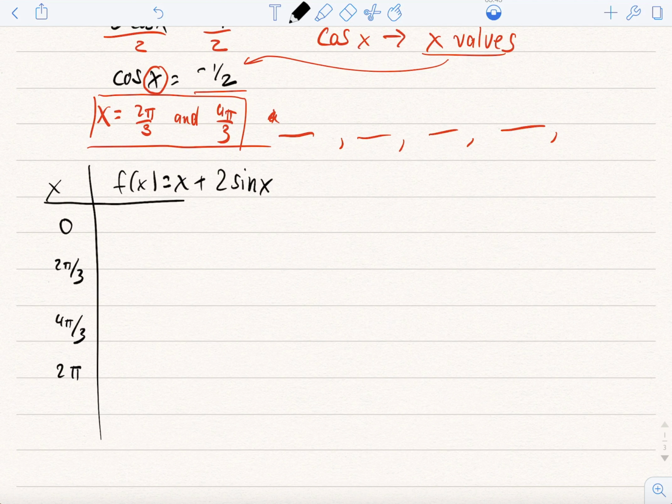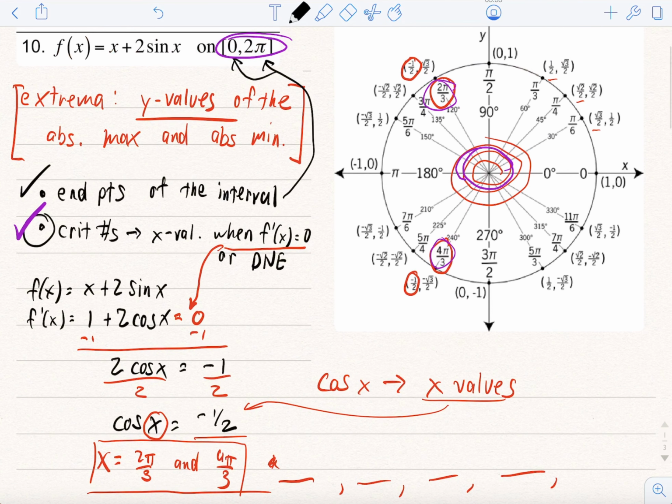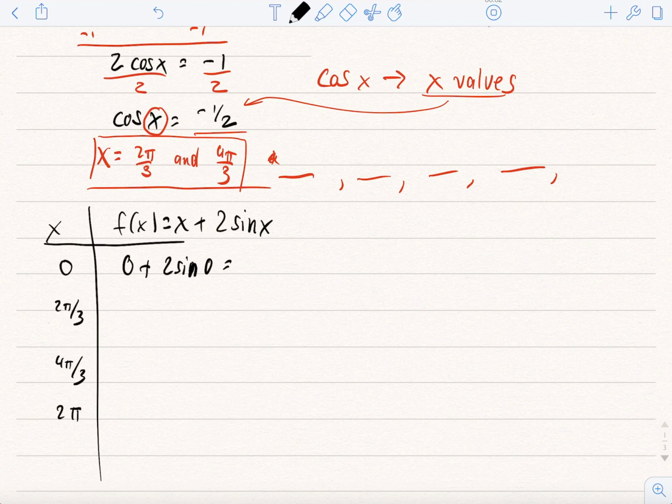So let's plug 0 in here. It turns into 0 plus 2 sine of 0. I know the sine of 0 is the y value at 0 degrees, which is 0. So it turns into 0 plus 2 times 0, which is just 0. That's easy.